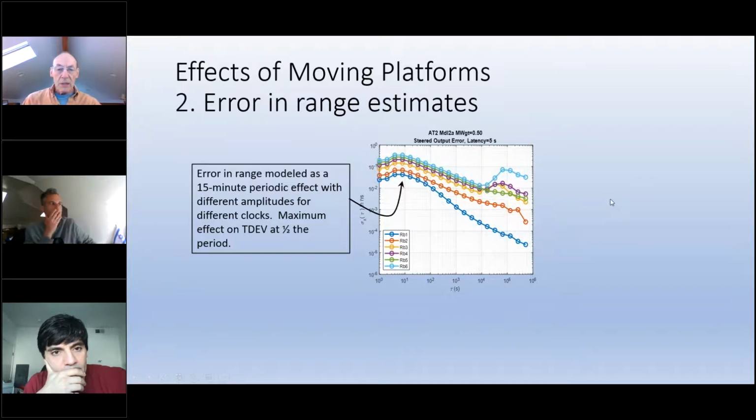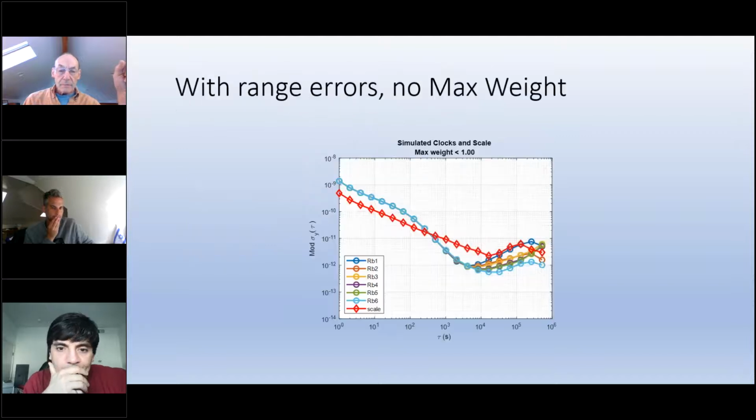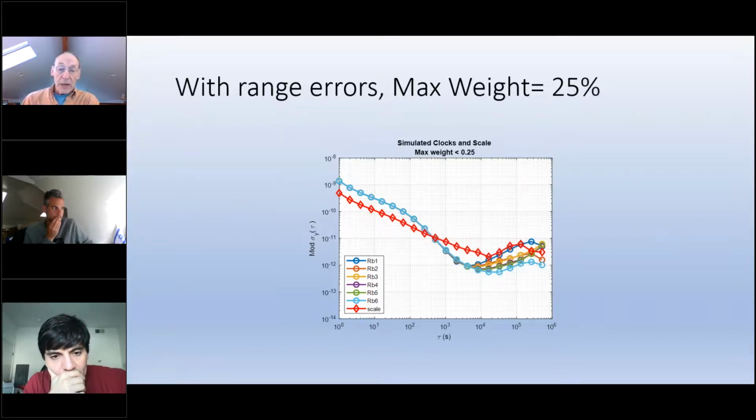This is what the noise would look like in TDEV, and the result on the clocks themselves would look like this against a perfect clock because of the measurement noise. But the scale is actually able to filter that down a little bit. That's very cool. Is there some way we can optimize that?